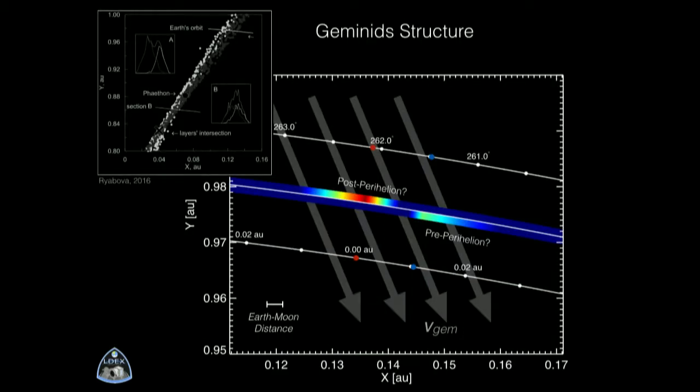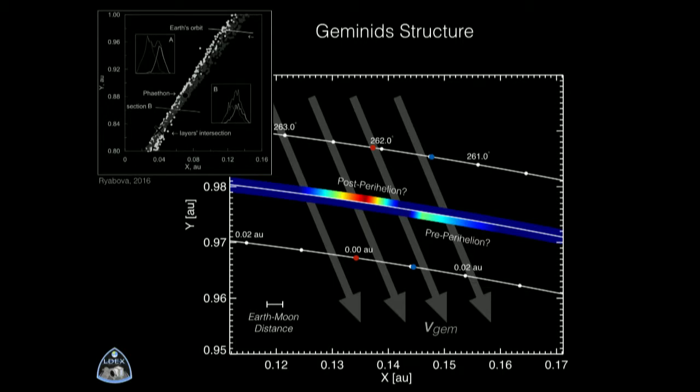If we look at this in the heliocentric coordinates, because we were able to get these nice exponential fits, we could see this is the first peak and this is the second peak, just split apart. There's a theory about the formation of the parent body of this stream. The mass of the Geminid stream is anywhere from 1/10 to 10 times the mass of its parent body, which means that it probably formed in a particularly violent event.